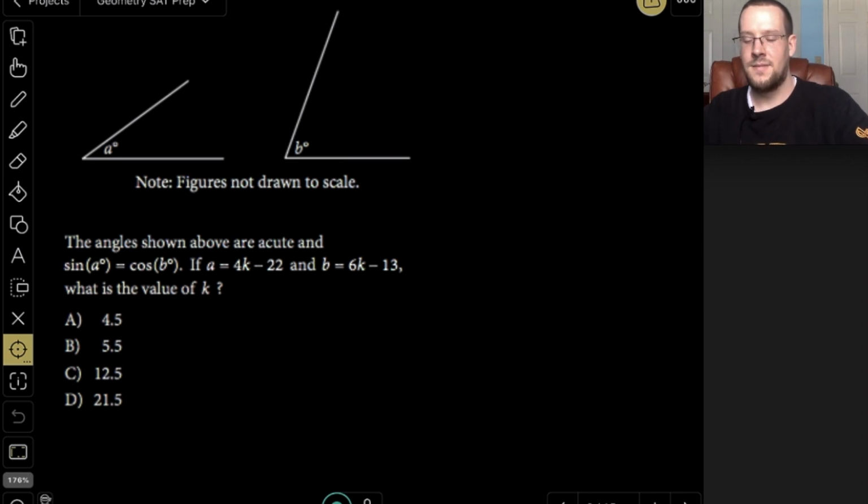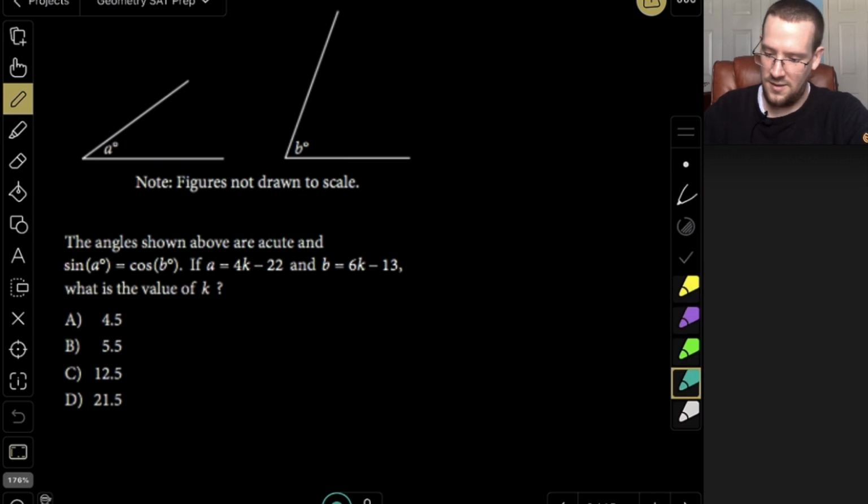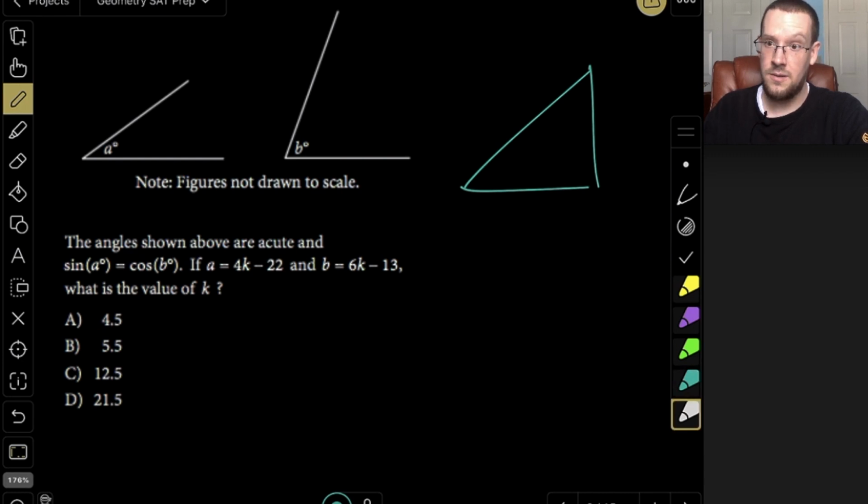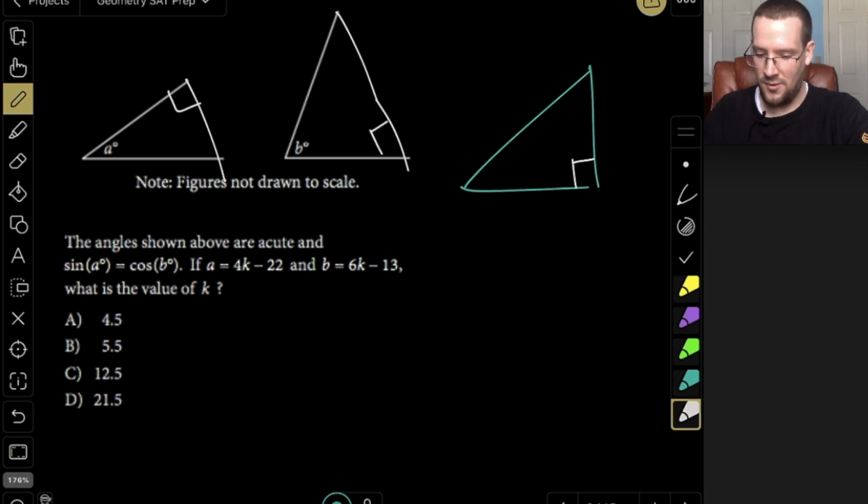What do we want to do here? Okay, so let's see. If these are sine and cosine values, that means that there has to be a right angle somewhere. I'm going to just assume that there is a right angle here somewhere, that some angle here is a right angle, and I'm going to redraw this triangle, because they're both acute.